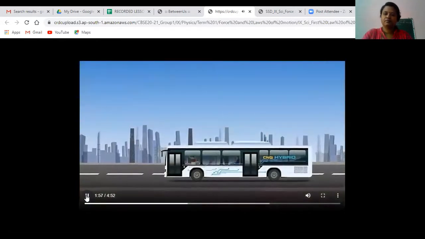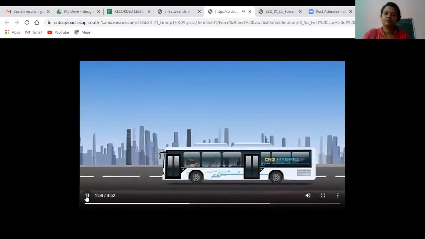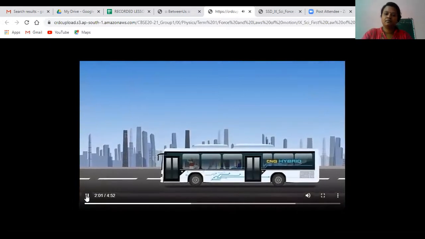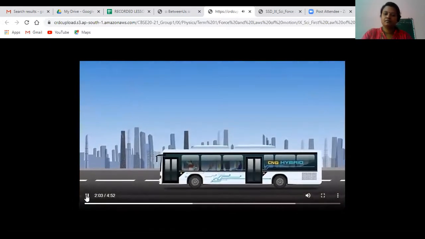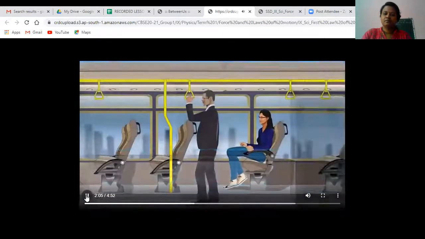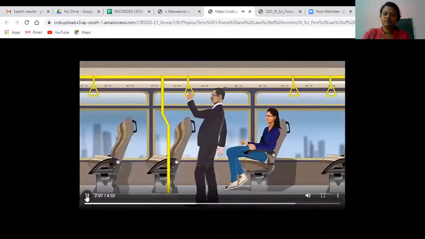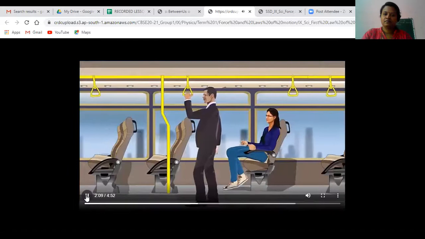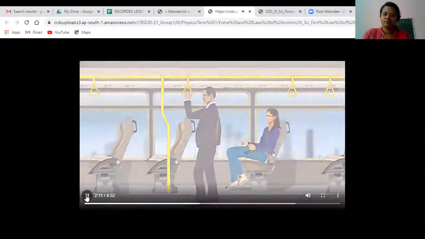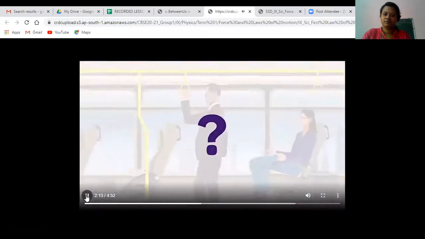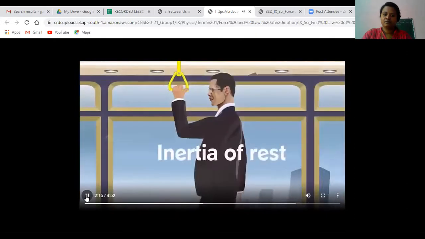Certain experiences that we have while traveling in a bus can be explained on the basis of the law of inertia. When a passenger is standing in a stationary bus that suddenly moves, the movement pushes the passenger backward. Why does this happen? This is due to the inertia of rest experienced by the passenger in the upper part of his body.